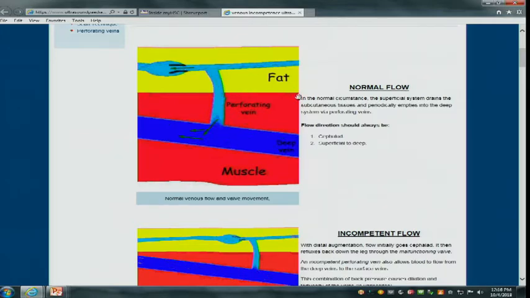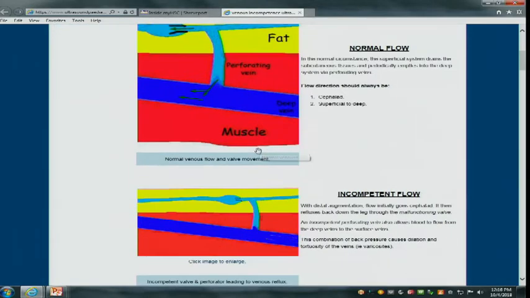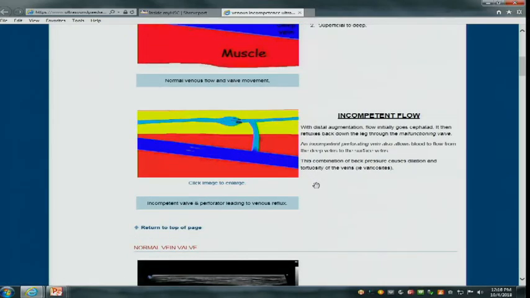So have we got this? The flow direction should always be cephalad, number one, and it should always be superficial to deep. Any questions regarding this? Because if there are, then we cannot go on. Okay, great. So this is what's normal: deep vein going towards the heart, superficial going towards the heart, superficial coming towards the deep vein.